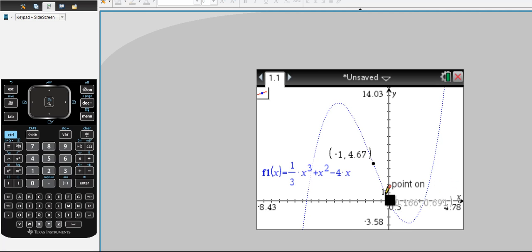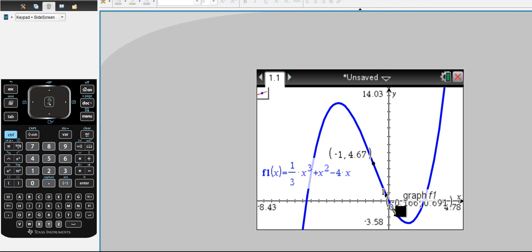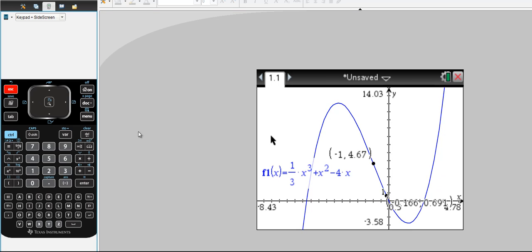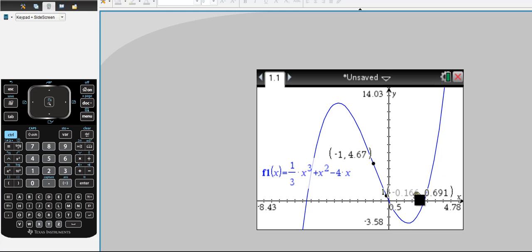If we cannot get the exact value, let's say I click here, you see it says minus 0.166. I can click escape first, and then I'll move this up. I want to change the point to have the x value 0, so I'm just going to click.